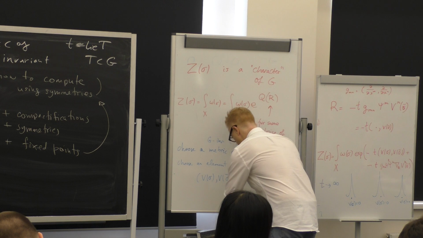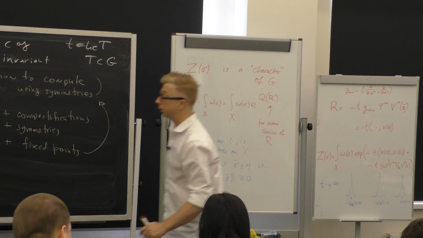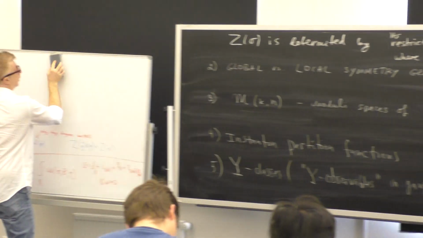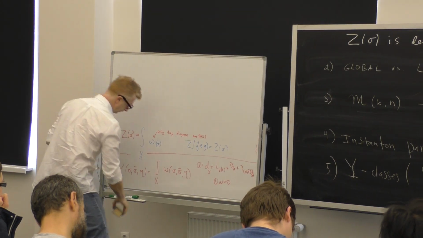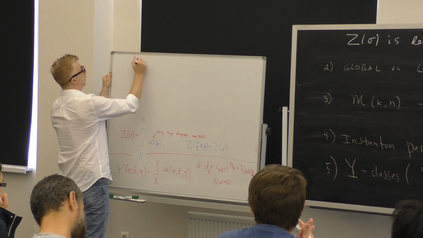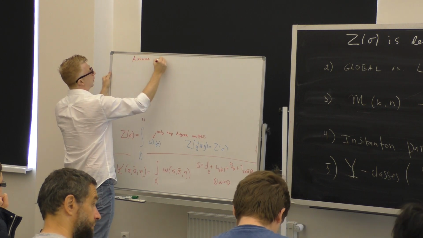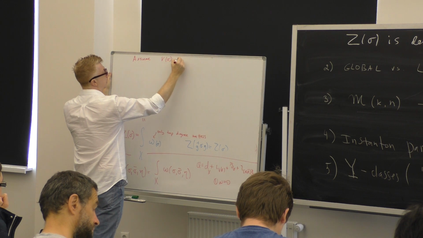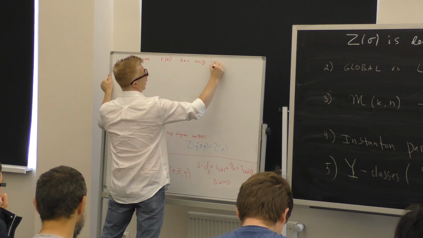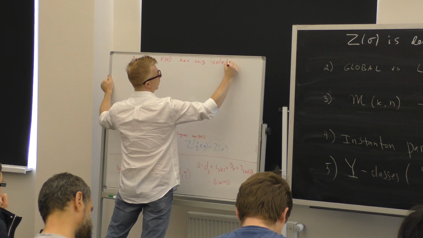So by taking t to infinity, we derive the following localization formula. Let me assume that v of sigma has only isolated zeros.